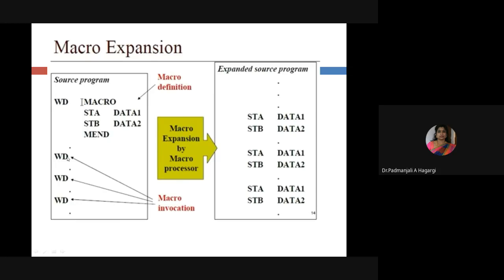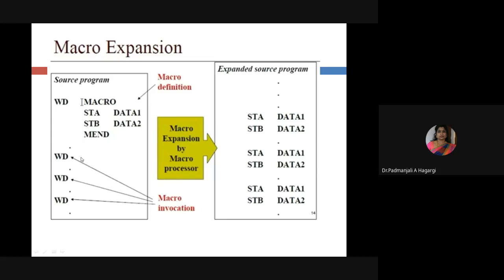Instead of writing the same code again, it helps the programmer write it only once and call it wherever it is needed, here in this line, here in this line. According to the logic of the program, it can be framed. So that is called macro invocation, and this is nothing but the macro expansion.